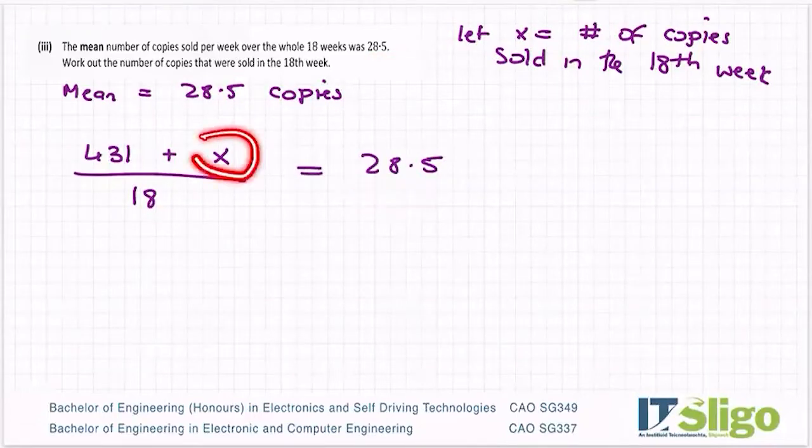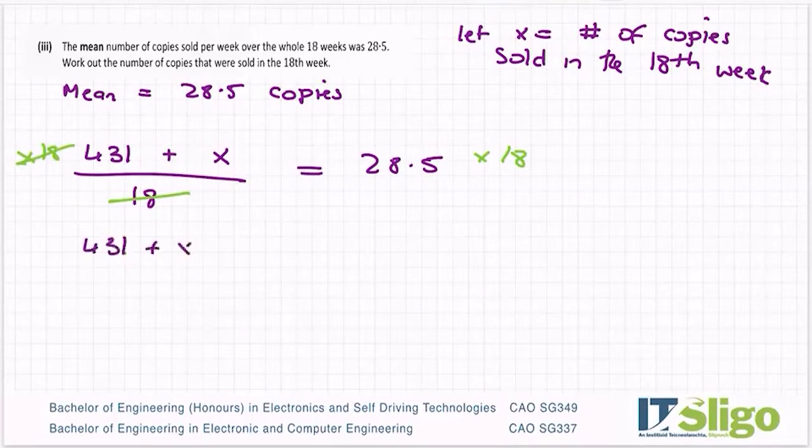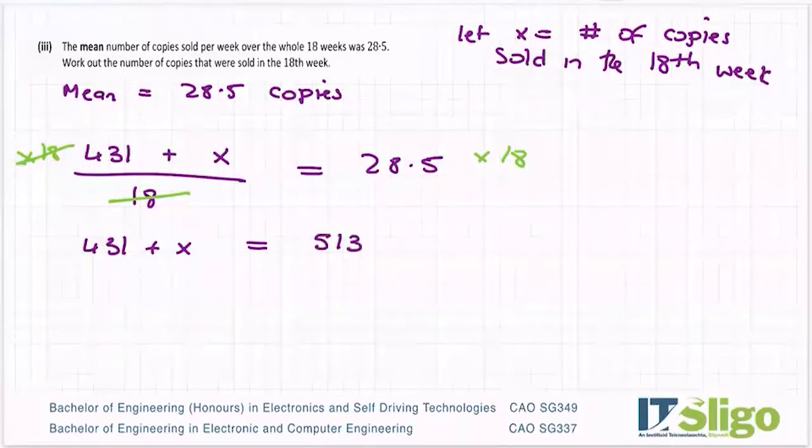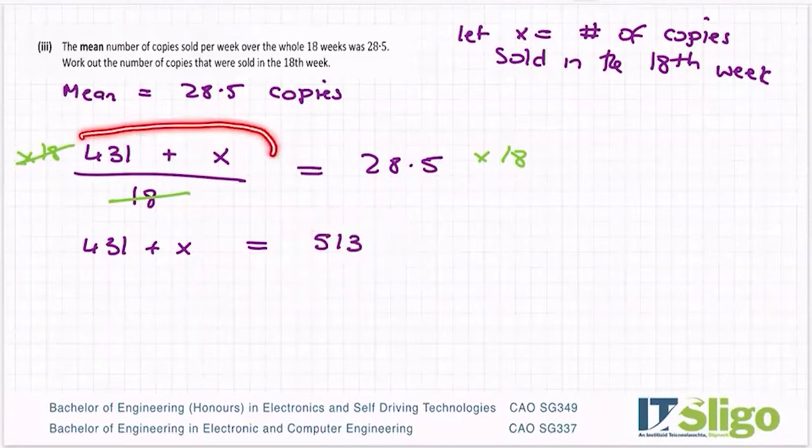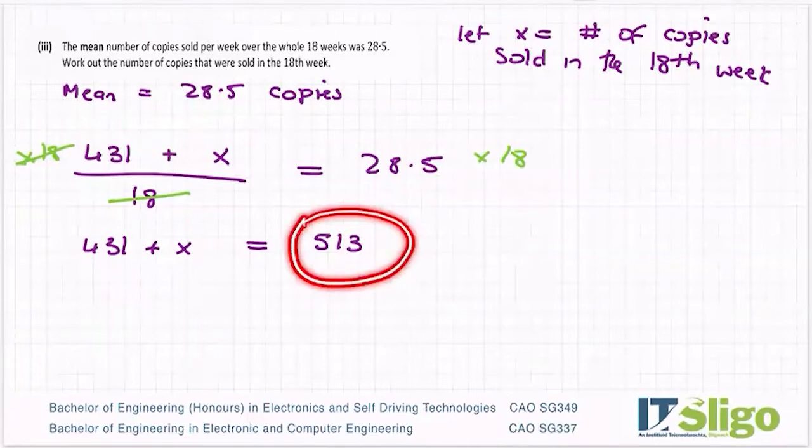So how do I solve this for X? The first thing I would do is multiply by 18, because that will cancel the 18 from that side. So I'm left with 431 plus X being equal to, on my calculator, 28.5 multiplied by 18, which is 513. What does that mean? Well, that means that when you add up all of the copies that were sold, you get 513.